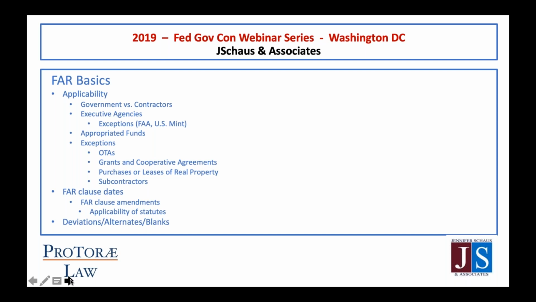Now, the FAR does not directly apply to subcontractors, just like it doesn't directly apply to contractors. The compliance obligations to the FAR, generally speaking, come from the contract itself. So a subcontractor will only be required to comply with the FAR clause if that clause is included in its subcontract.